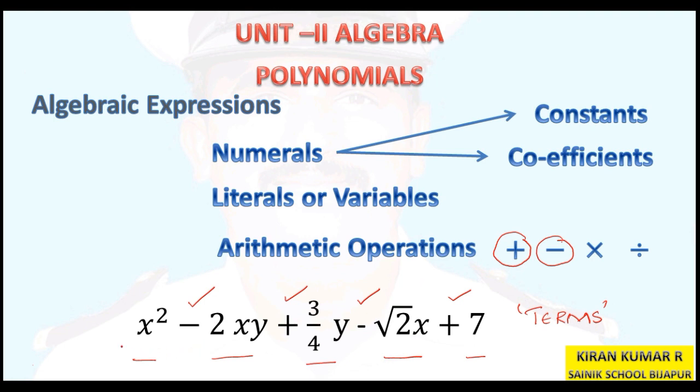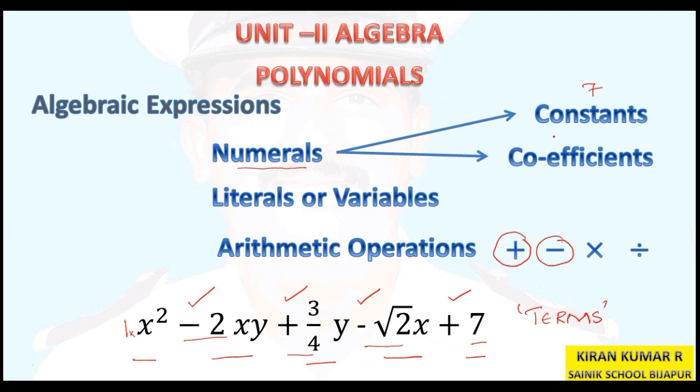Not only that, you observe x square is same as 1 multiplied to x square. In this term we have minus 2. In this term we have plus 3 by 4. In this term we have minus root 2. In this term we have 7. These are numerals. In particular, constants.